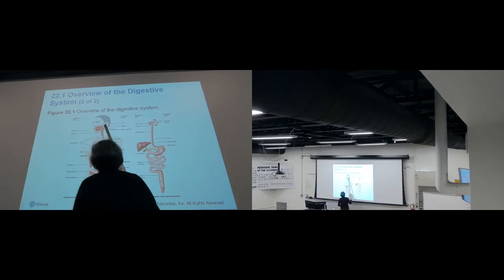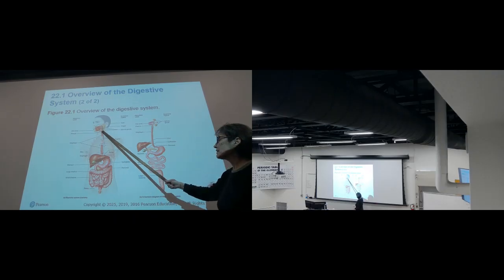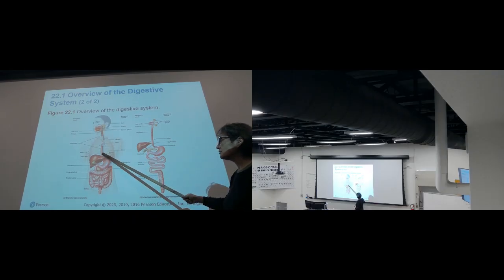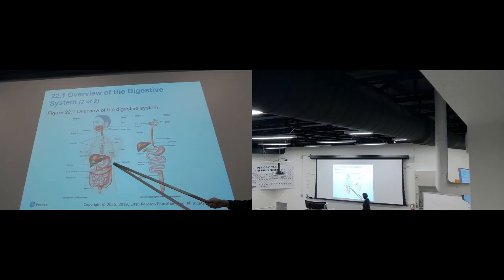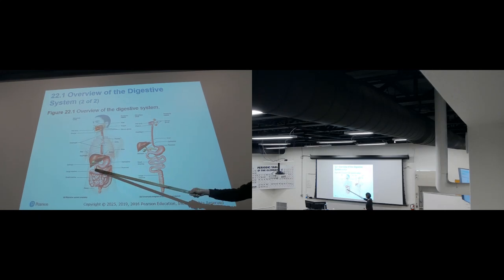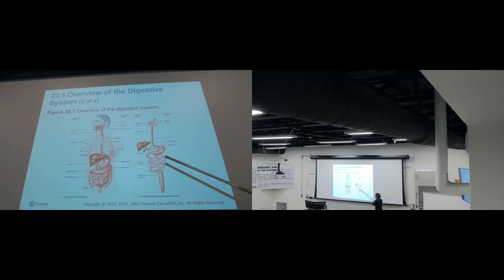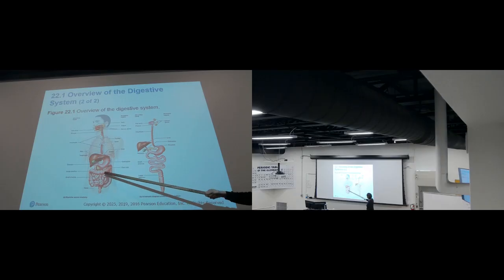So here is the oropharynx, continuing as the esophagus, and below the diaphragm, we have the start of the stomach, which is this, and the stomach ends in the duodenum, the first part of the small intestine. The small intestine is a series of loops. It's a muscular organ. The first part is the jejunum, and the last part is the ileum. The ileum connects to the large intestine.